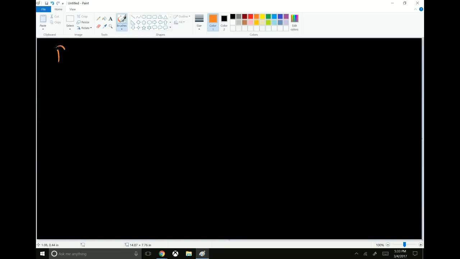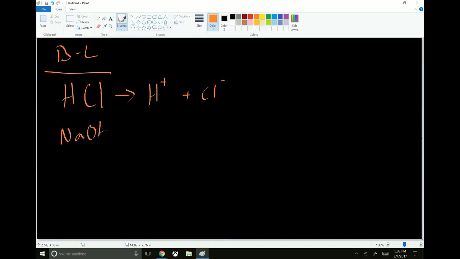So, Bronsted-Lowry, hydrochloric acid is still an acid in the exact same way because it donates a proton. But now, NaOH isn't really a base anymore. Instead, it splits apart into sodium and hydroxide.